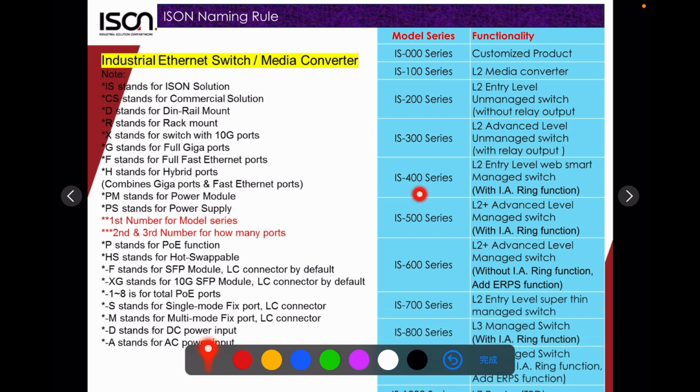The IS-400 series is L2 entry-level web smart managed switch with IA ring function. The IS-500 series is L2 plus advanced level managed switch with IA ring function.